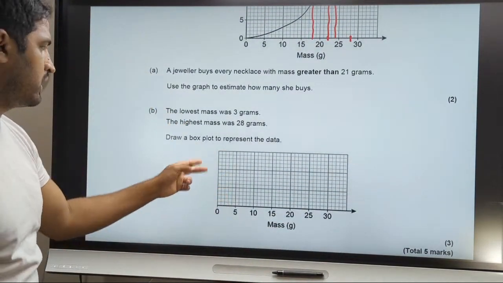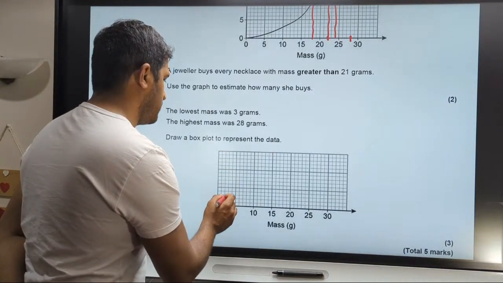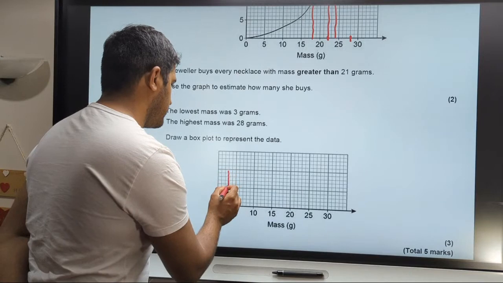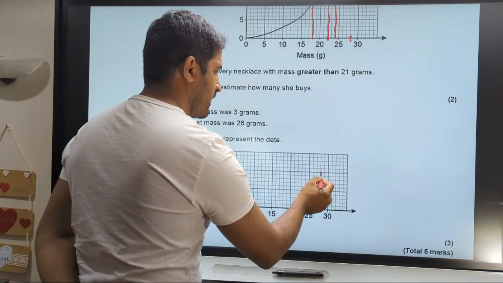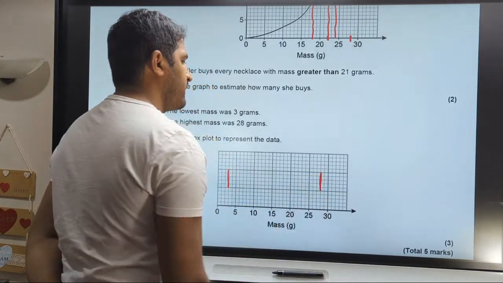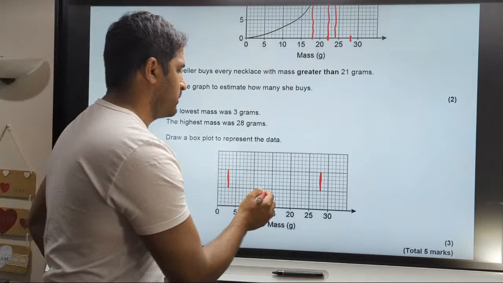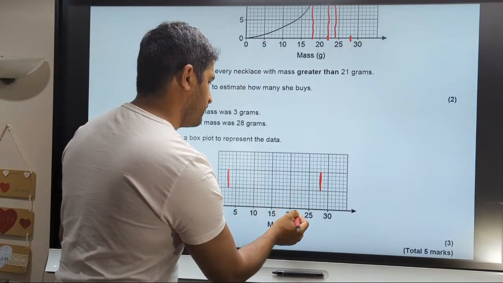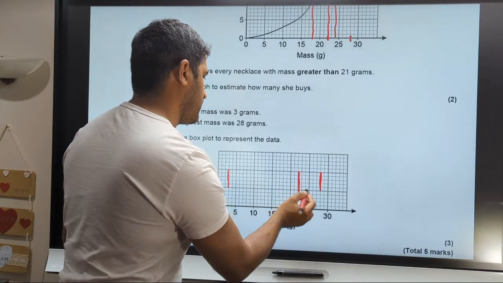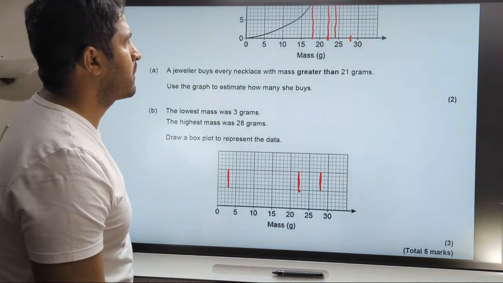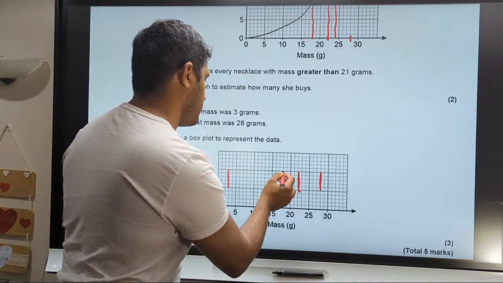So you always draw a line at the lowest value. The lowest value was 3, so you draw a straight line. The highest value was 28, so draw a straight line. Then we draw the line at the median. The median was 22, so we draw a line at 22. Then the lower quartile is 18, so we go to 18 at that point there.